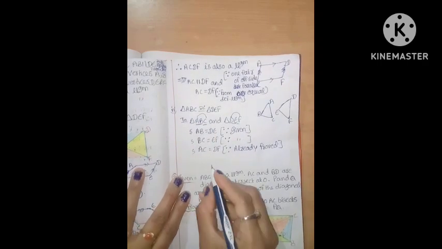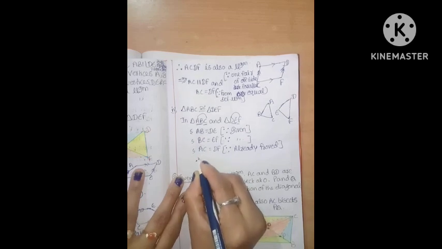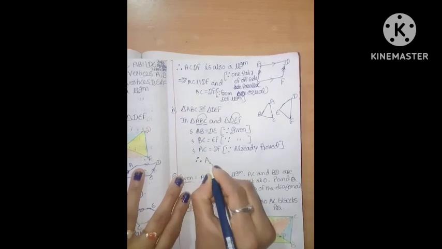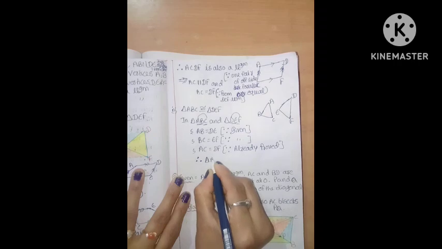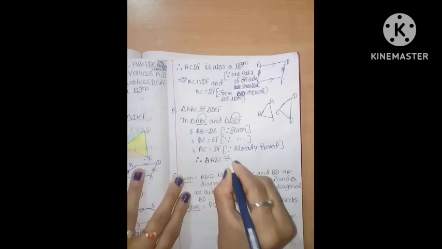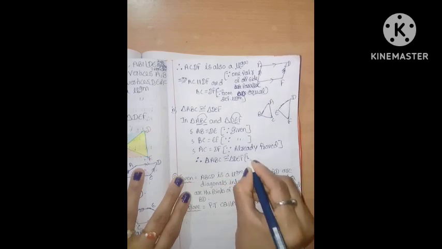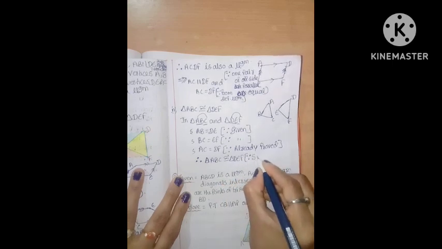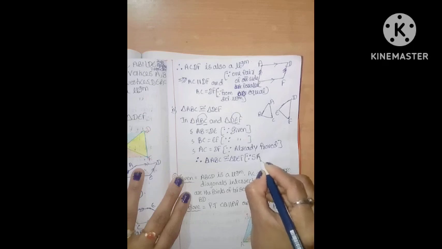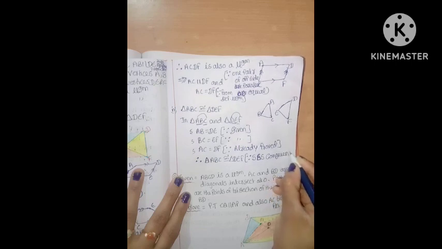What congruence rule are we using? Are you understood? Therefore, triangle ABC is congruent to triangle DEF. Why are these two triangles congruent? Since what congruence rule are we using?